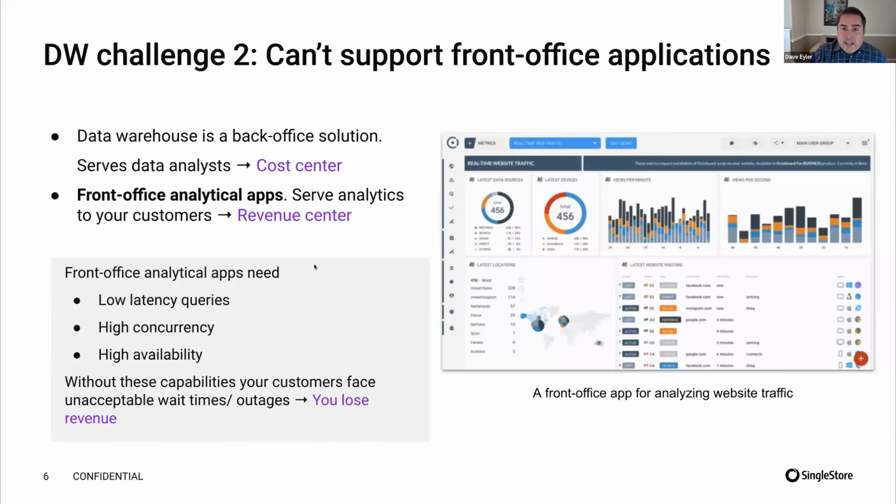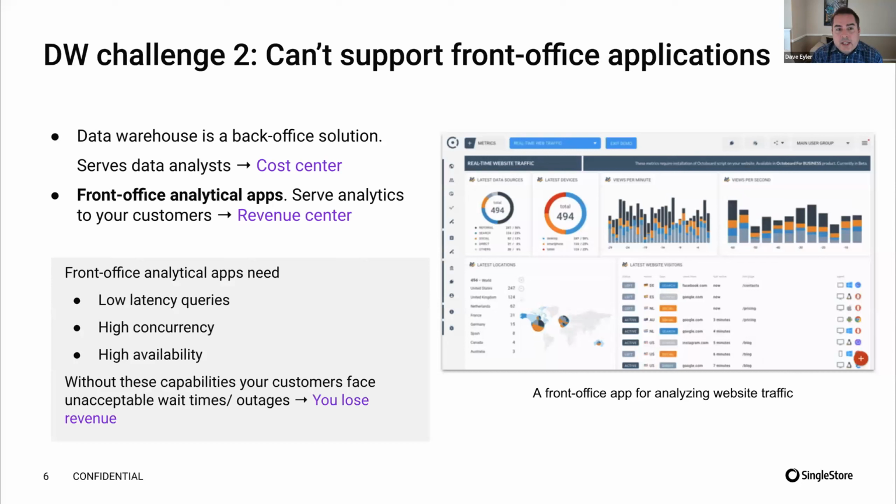All right. The second challenge is you can't support front office applications. What do I mean by front office? I'm talking about things that matter, things that are for your customers, things that are for your partners. These are even for your executives. We have a $1 trillion customer who looks at their executives like their customers, so they use us, right? So a front office application is something with extremely demanding requirements.